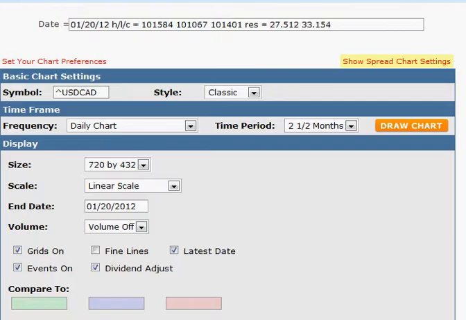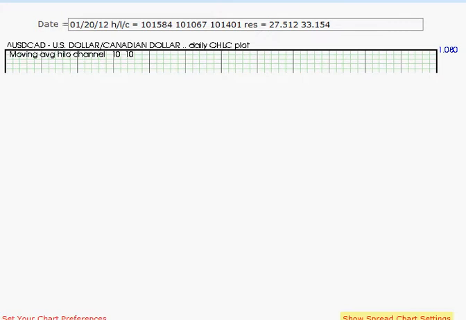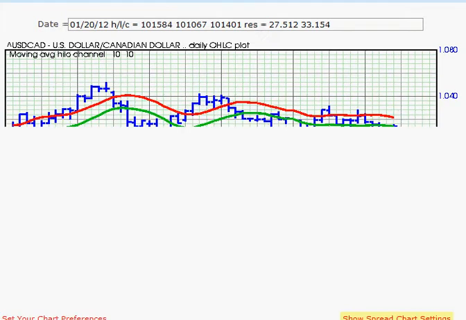So this pair will probably, let's look at the chart and see what it's probably going to do.